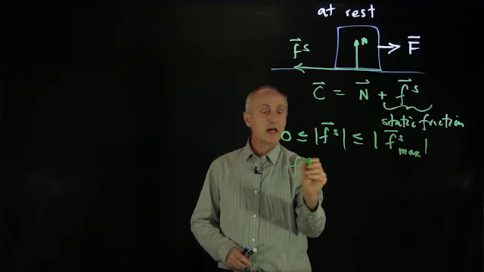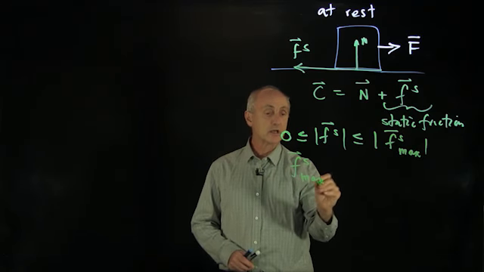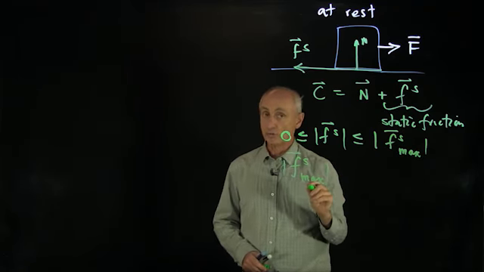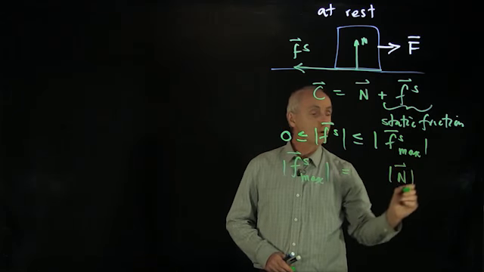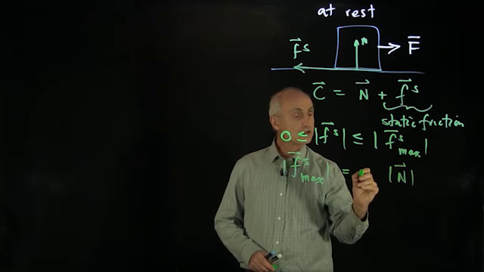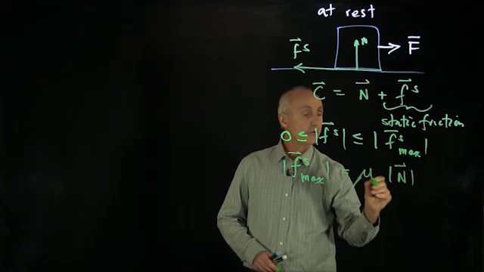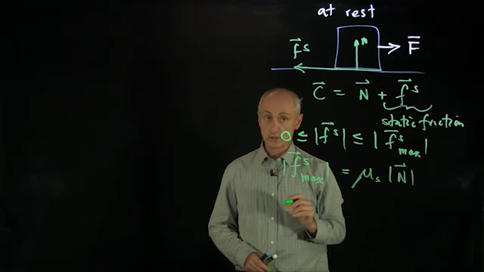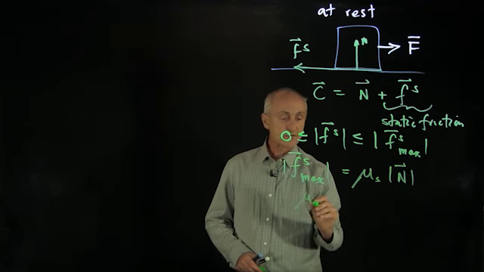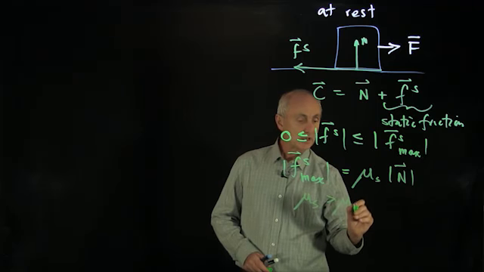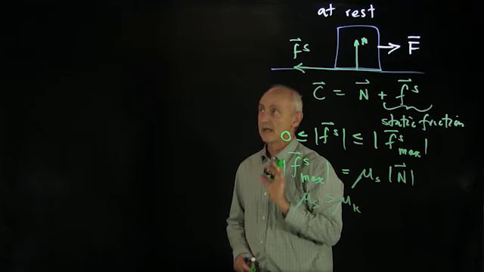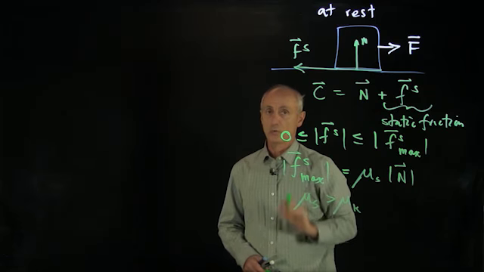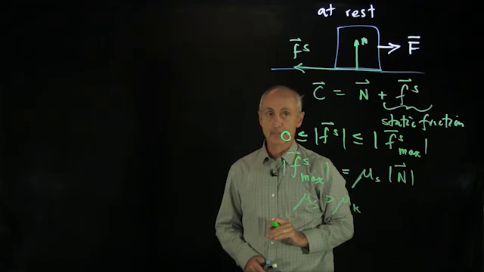And for the maximum value of static friction, we have a force law, which is that it's again proportional to the normal force, but the coefficient is now called the coefficient of static friction. And this coefficient of static friction is slightly bigger than the coefficient of kinetic friction, which explains why that arrow got a little bit smaller when it just started to slip.